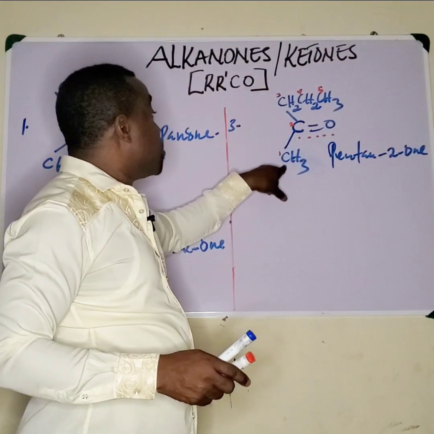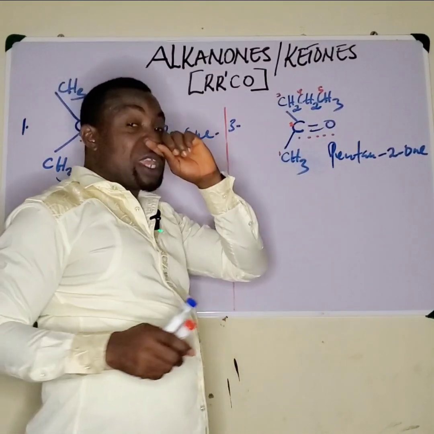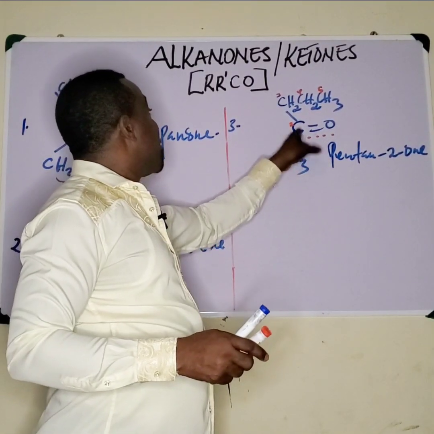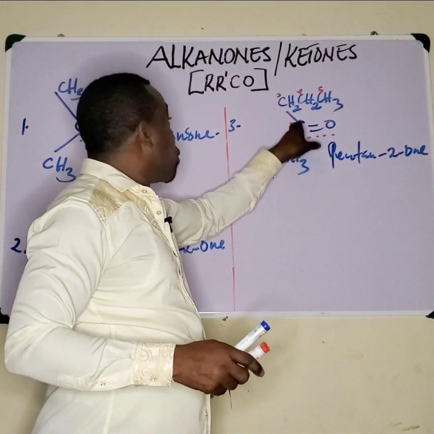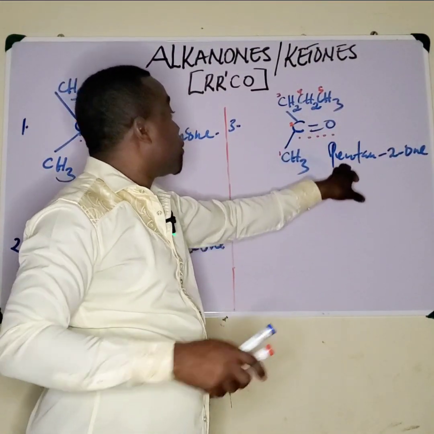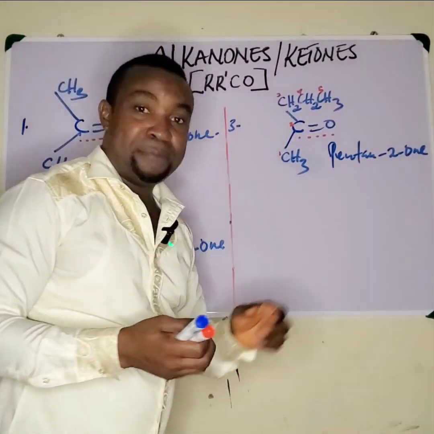So the longest chain is from 1, 2, 3, 4, 5. If I give my longest chain from here, 1, 2, 3, 4, it's not the longest chain. So it is from 1, 2, 3, 4, 5. So it becomes pentan-2-one. This is the next member, pentan-2-one.